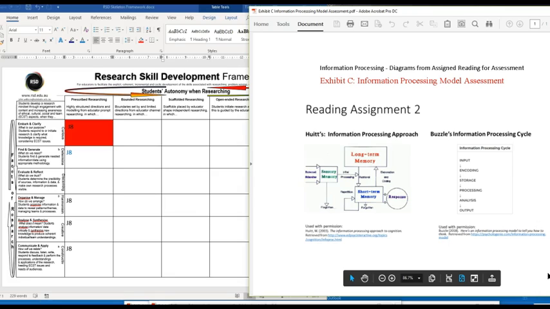Let's turn our attention to the third assignment included in this presentation, which looks at the information processing diagrams from two different readings that I assigned to the students. You'll notice that the assignment is to read these assignments, which includes interpreting graphic images, reading written text, and processing relationships.